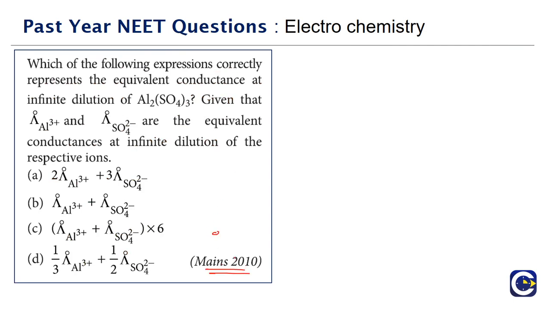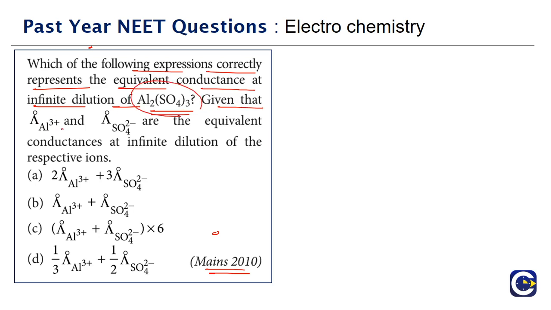Next we have another question in 2010 that has come based on the equivalent conductance. Which of the following expressions correctly represents the equivalent conductance at infinite dilution for aluminum sulfate? So equivalent conductance at infinite dilution for what? Aluminum sulfate.